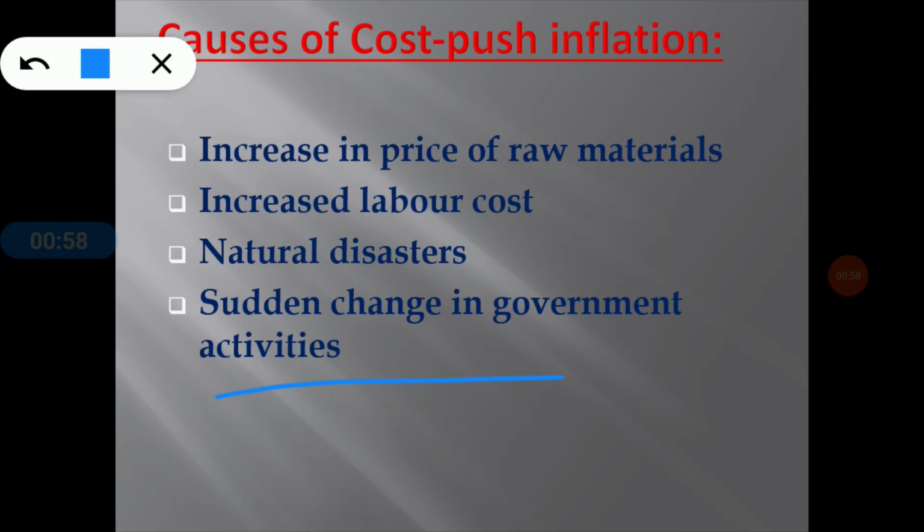Again, price increases due to higher raw material and labor costs, so producers will increase the product's price. It might be passed on to the consumers, not the producers. So these are the main causes of cost push inflation. Now going to the next slide.